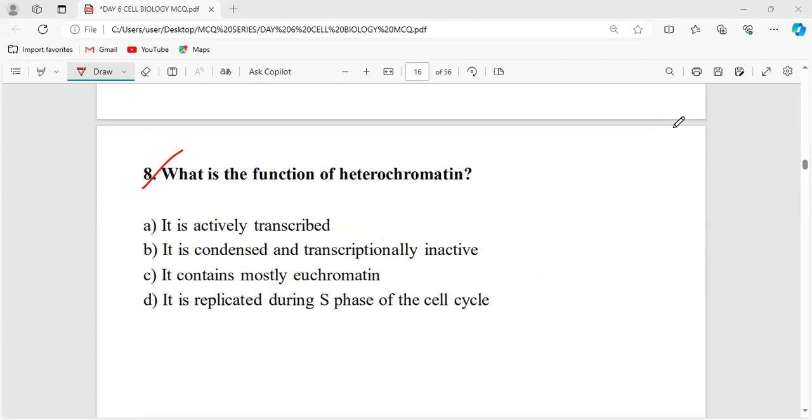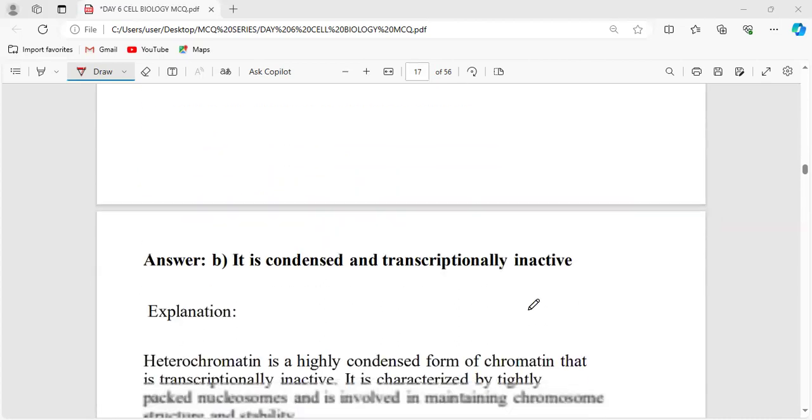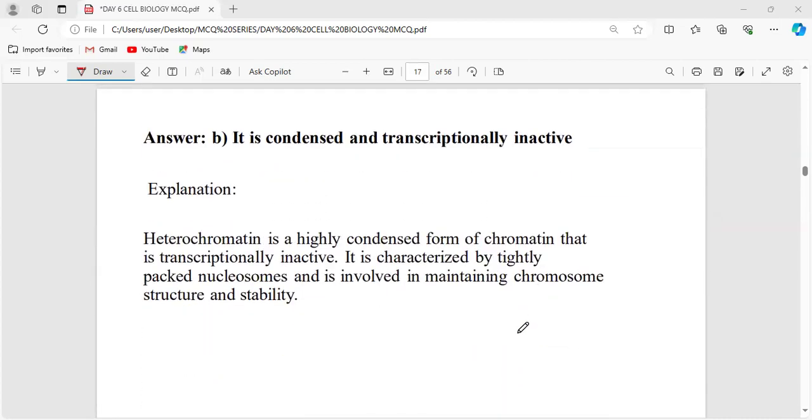You can easily eliminate the option, right? It is condensed and transcriptionally inactive. It is characterized by tightly packed nucleosomes. It keeps the DNA in a stable form to maintain the chromosome structure and its stability.